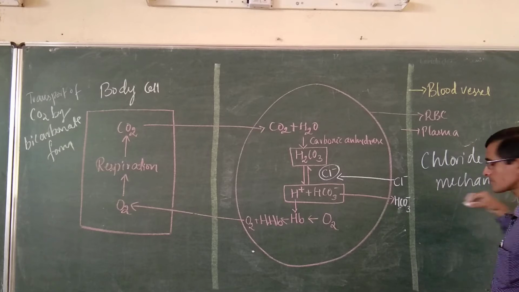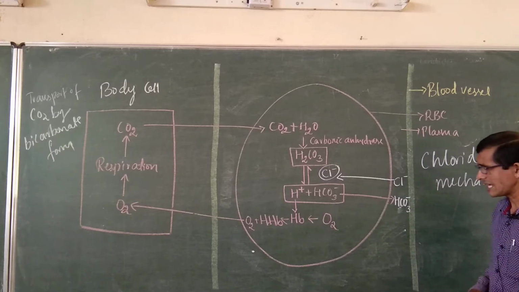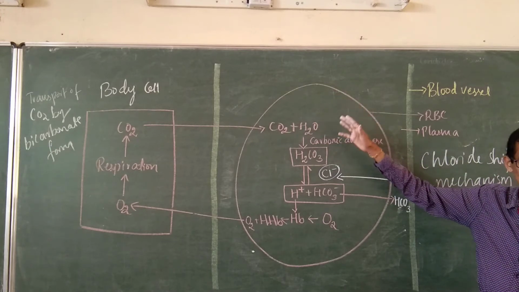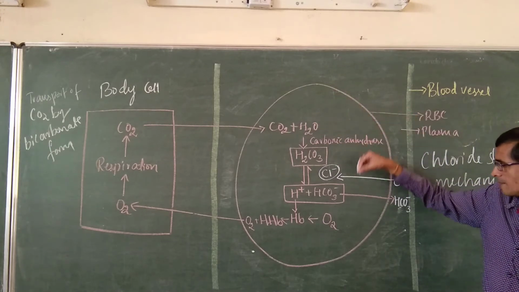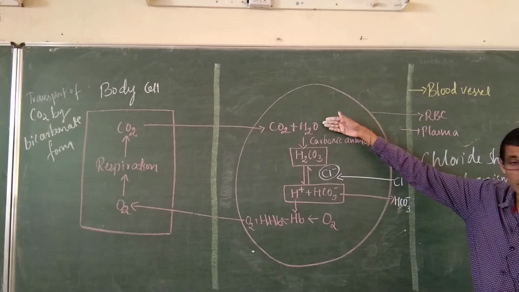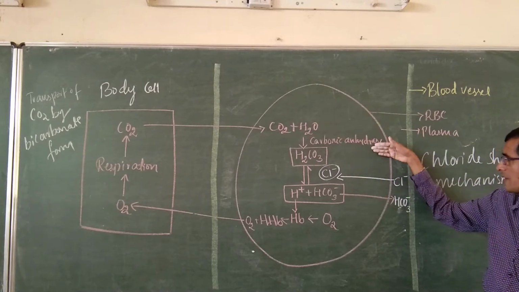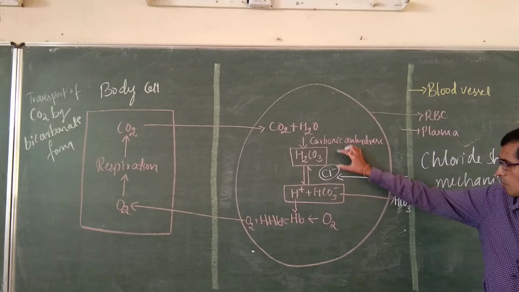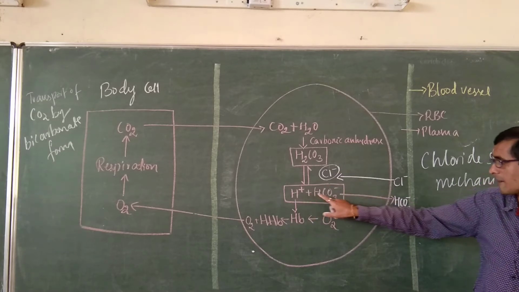Mechanism, understood? What we need to say here is that 70% of carbon dioxide is transported as bicarbonate. Water plus carbon dioxide, in the presence of carbonic anhydrase enzyme, forms H2CO3. That H2CO3 dissociates into H+ and HCO3-.